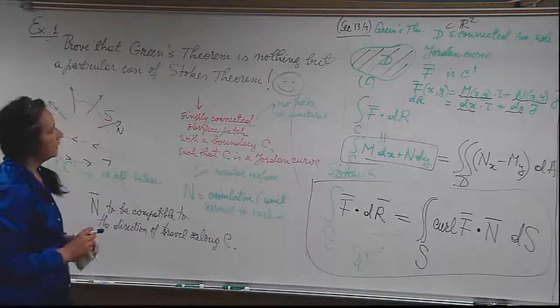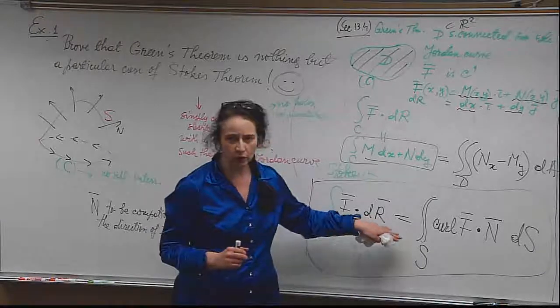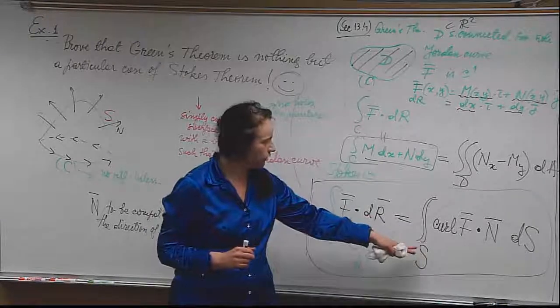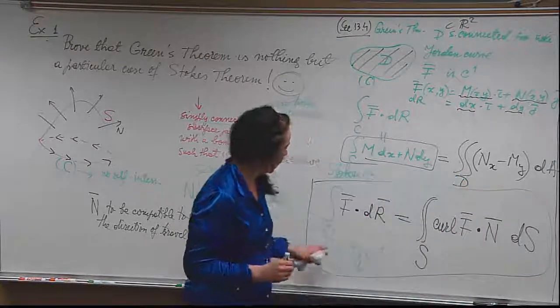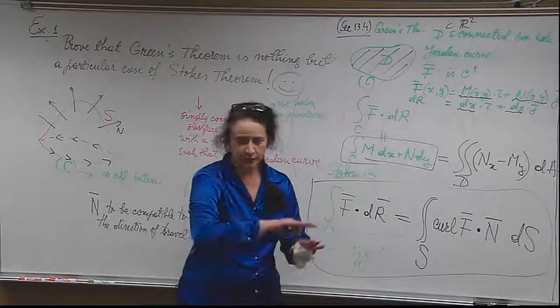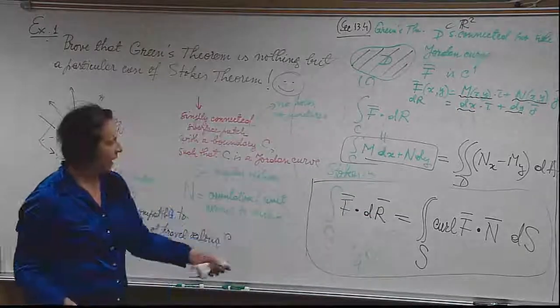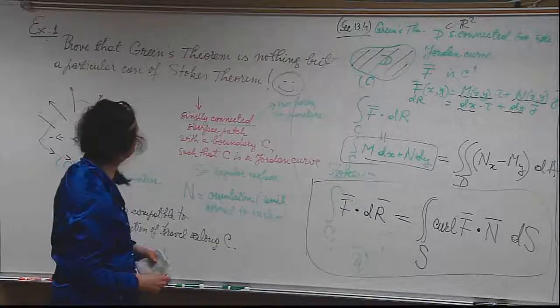Now, how do we prove that this equation that looks so sophisticated is nothing but that for the case when S is a planar patch? If S is like a hill, then we believe it. But what if S is the domain D in the plane?